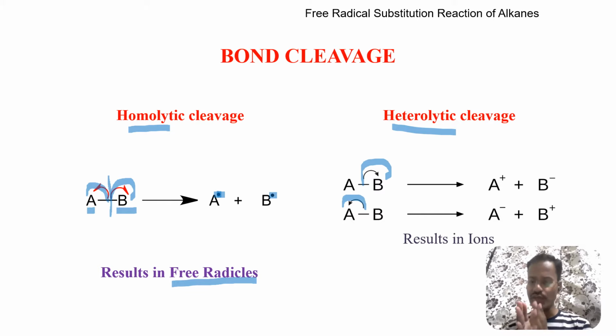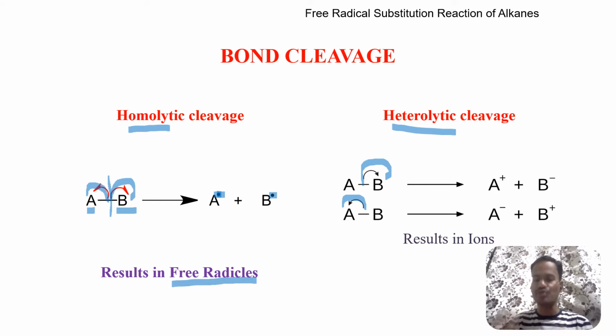If it were broken equally, one electron would be given to one atom and another to the other atom. If both electrons are given to either A or B, it is called heterolytic bond cleavage. Hetero means different, homo means equal. So the bond breakage and distribution of electrons are not happening equally.